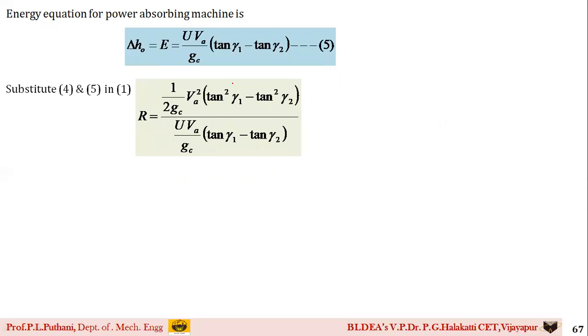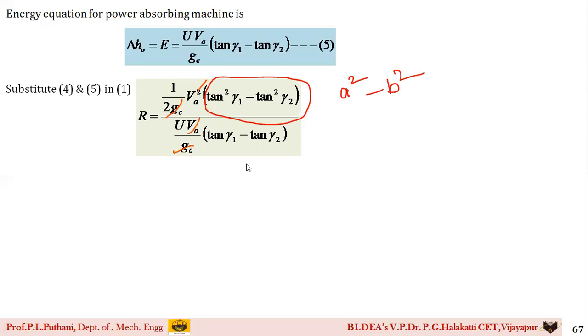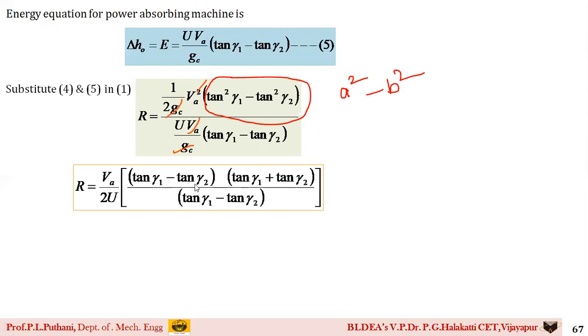Please observe carefully this particular term tan square gamma 2 minus tan square gamma 1. It is just like a square minus b square, it is (a plus b)(a minus b). The first thing. Second important thing is this VA gets cancelled, this gc gets cancelled. Then on simplification, our equation remains as (a plus b)(a minus b).